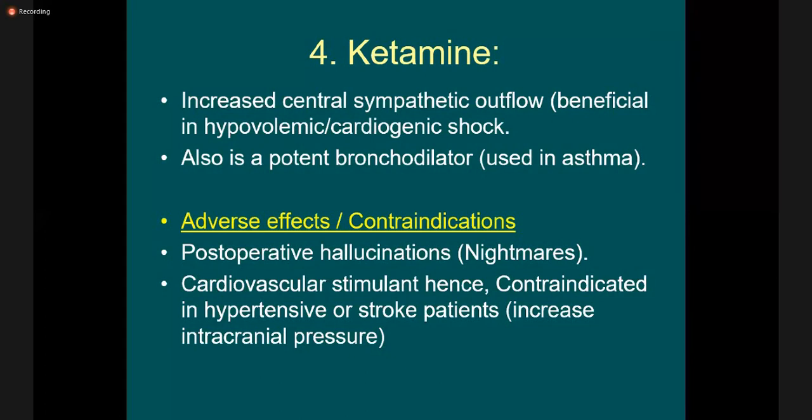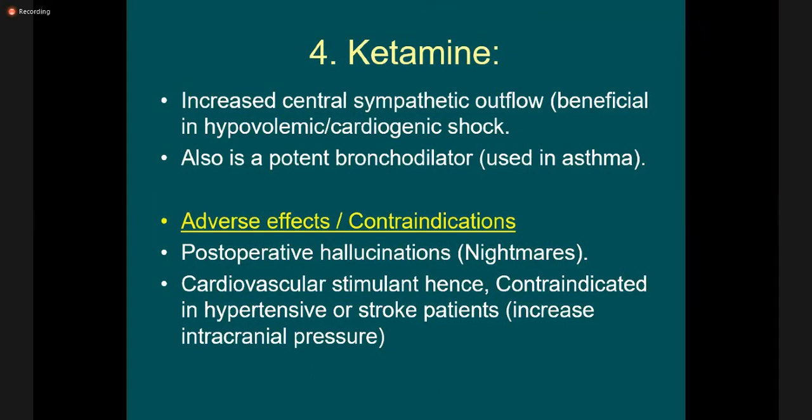If you see that the patient has hypovolemic shock or low blood pressure, going into hypotension, you can use Etomidate, or you can also use ketamine, because ketamine increases the central sympathetic outflow. Another good thing is that it's a potent bronchodilator.